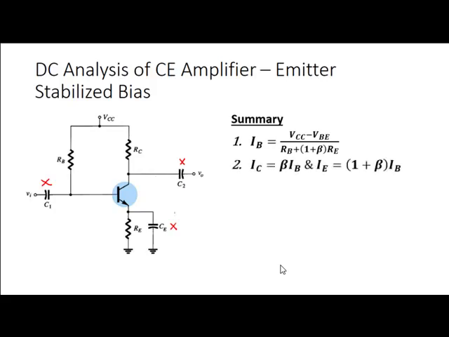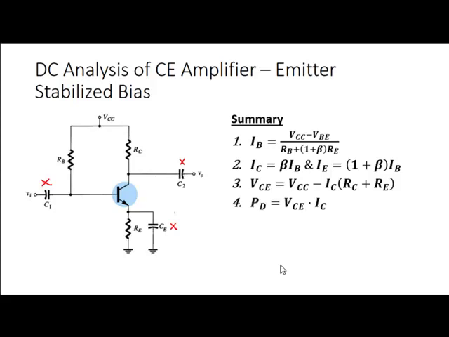Then using the expression IC is equal to beta times IB and IE is equal to 1 plus beta times IB, we found out all the currents. Then by applying KVL to the output side loop, we found out the voltage across the device, that is VCE, which is equal to VCC minus IC times RC plus RE. This is by assuming IE to be almost equal to IC.